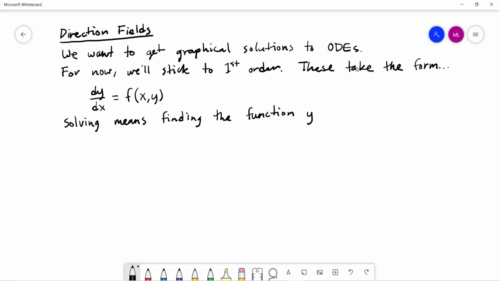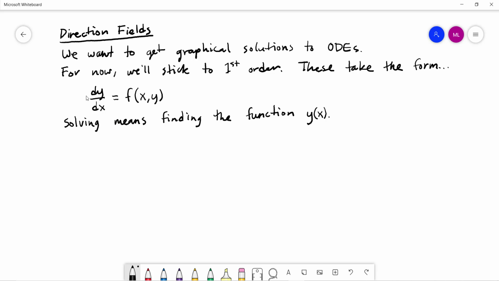And in this case, hopefully it's clear, dy dx, we're taking a derivative of y with respect to x. X is going to be the independent variable. So we're trying to find y of x in this particular case. Okay, so essentially, if we can figure out what y of x is, our function, we can graph it and have a picture of what our solution looks like.